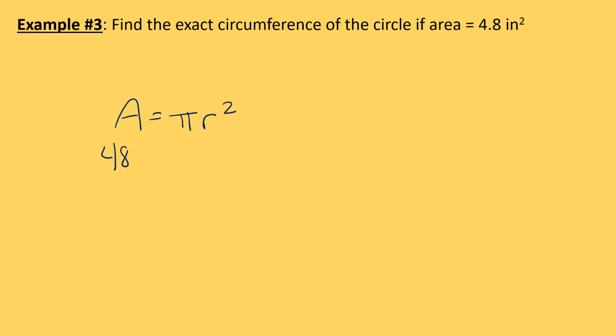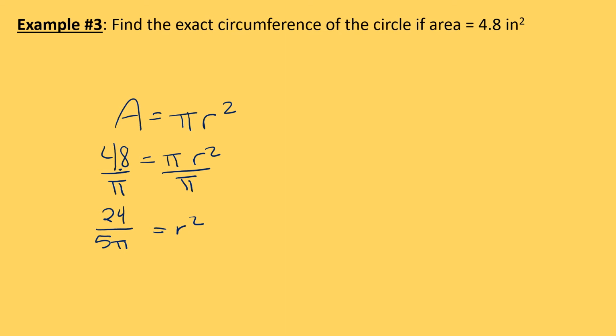So if I take 4.8, which is the area they gave us, and this is pi r squared, I'm going to have to divide by pi. And I'm going to take my calculator, and I'm just going to go ahead and put 4.8, and I'm going to convert that to a fraction. So this is really 24 over 5 pi equals r squared.